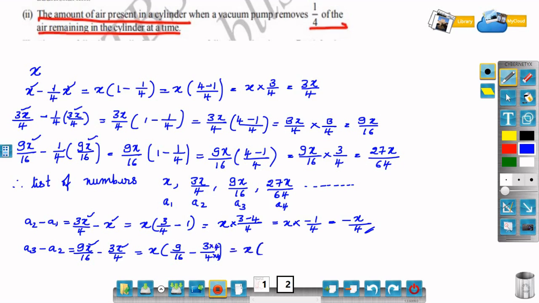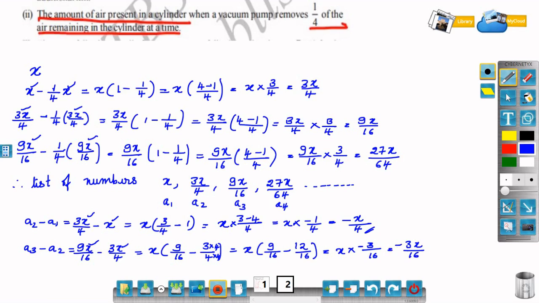So x into (9 by 16 minus 12 by 16), that is x into (9 minus 12) by 16. 12 minus 9 is 3, bigger number sign, minus 3 by 16. So minus 3x by 16.